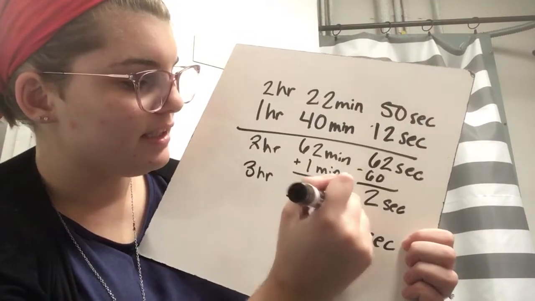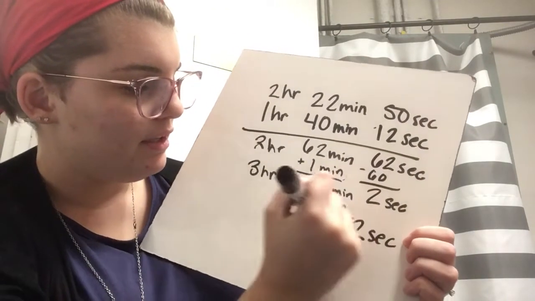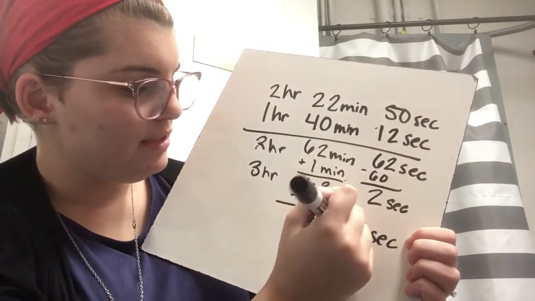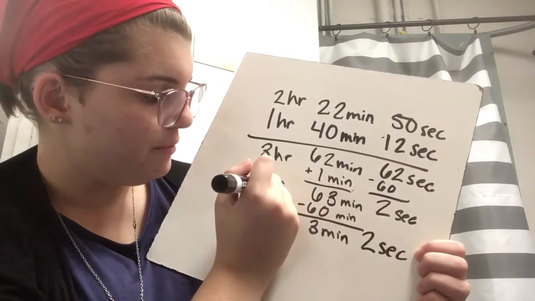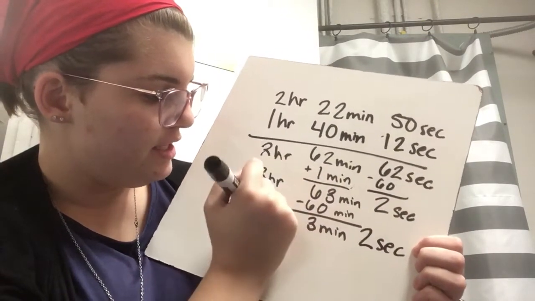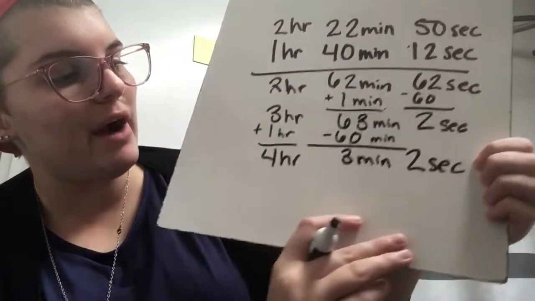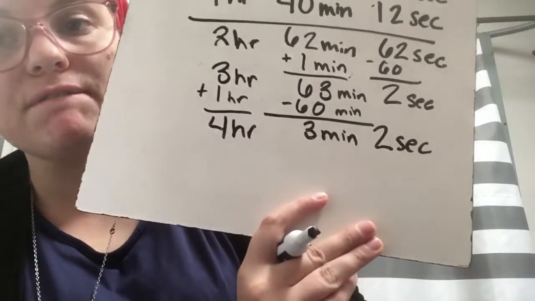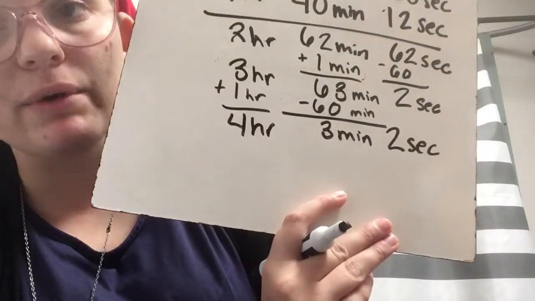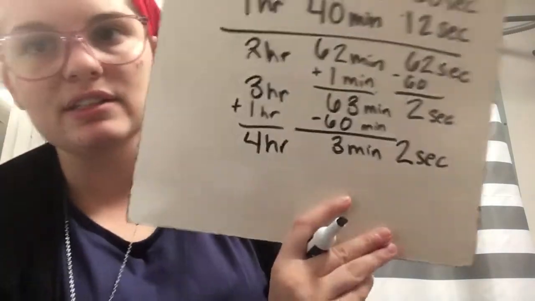So I'm going to go minus 60 is 3 minutes. And you add 1 here, plus 1 hour, is 4 because you took that 60 and you made it into 1 hour. So our answer for this is 4 hours, 3 minutes, and 2 seconds, okay? So again, for numbers 9 and 10, you are going to just subtract like normal, but again, you just have your seconds that you have to account for as well.